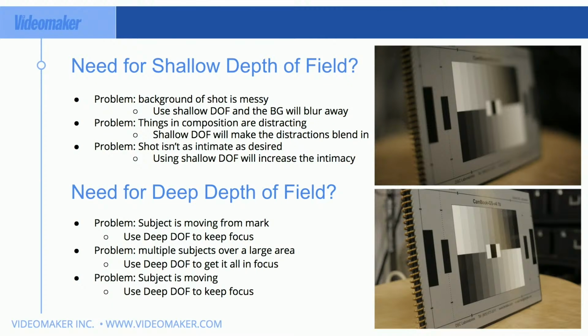And then lastly, the shot isn't as intimate as desired. So, just like we do when we get close to things, our eyes focus just like a lens would, and we're able to get sharper focus when things are really close to us. Right. So those things are in focus and everything else is out of focus. Now, you might not pay attention to that with your own eye because obviously your attention's going with where your focal point is. You're not actually thinking, I want to be in focus with this, but your brain's doing it for you.